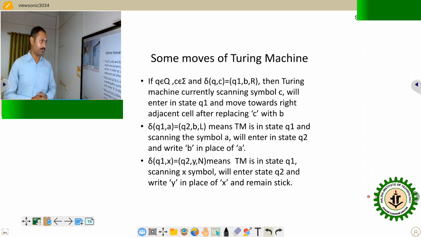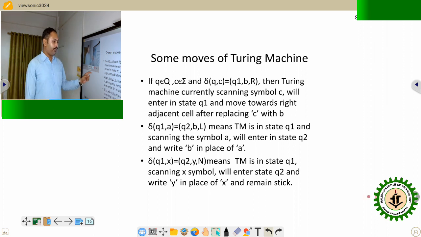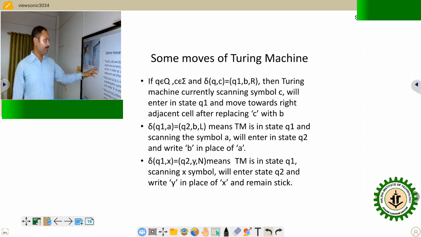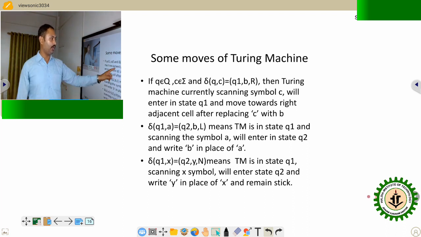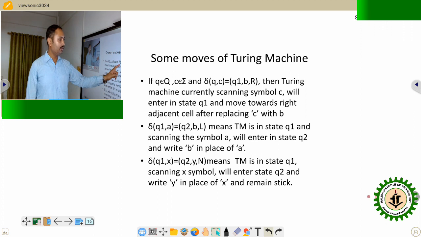So see the first point which is written over there. The transition looks like this: delta(Q, C) = (Q1, B, R). What is the meaning of that? Q and Q1 are finite number of states. So our present state is Q and our input symbol or the scanned symbol is C. Now, what is the purpose of the control machine?